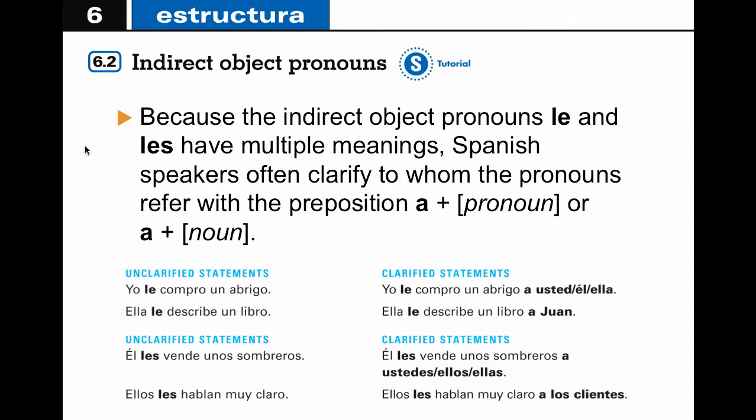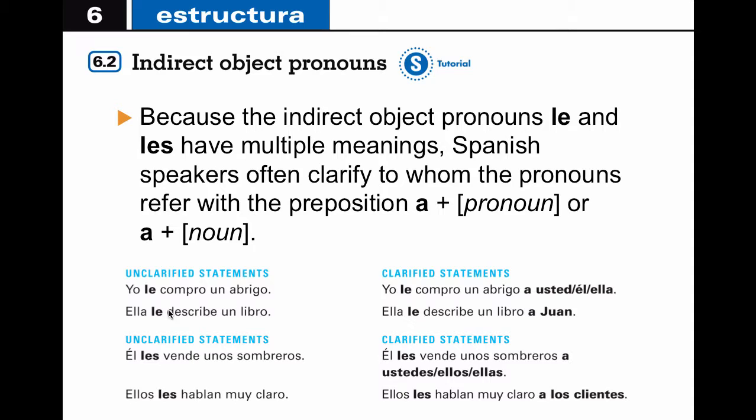Because the indirect object pronouns le and les have multiple meanings, Spanish speakers often clarify to whom the pronouns refer with the preposition a plus pronoun or a plus noun. Okay, so really this is not very complicated, but we just have here unclarified statements followed by clarified statements. So we're being very, very general here.